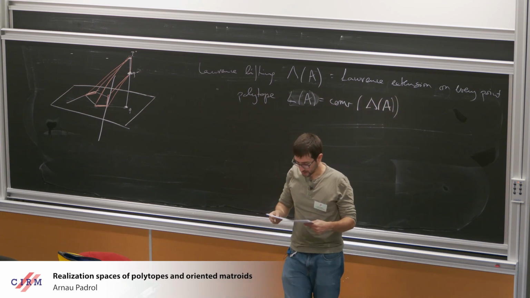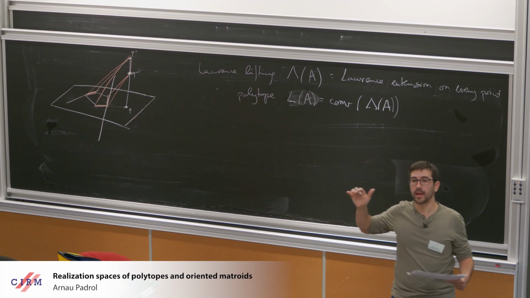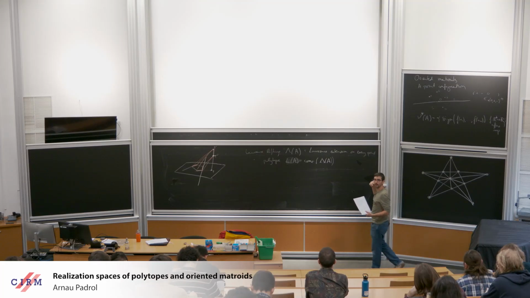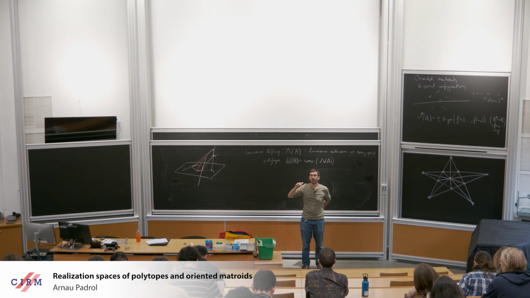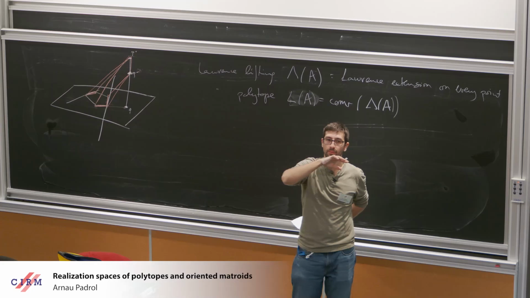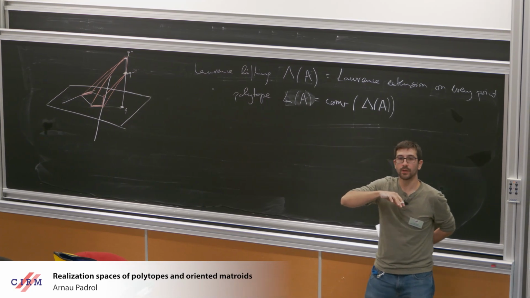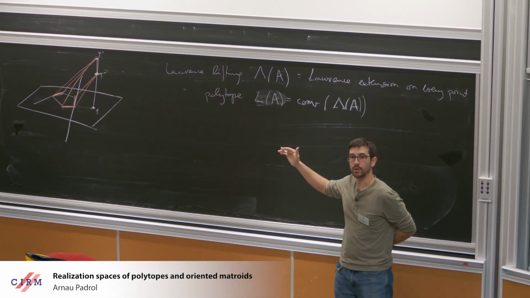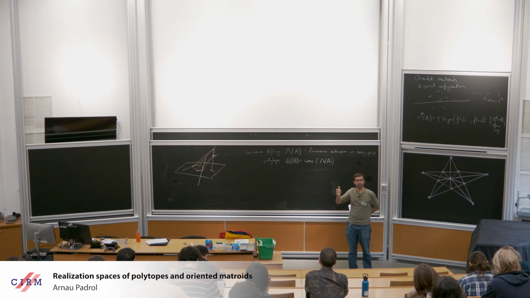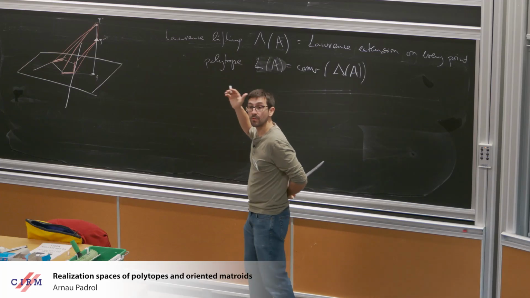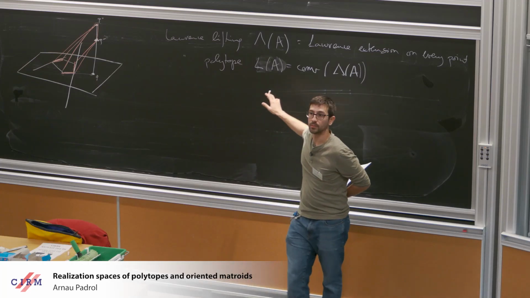Okay. I mean, this is of course very technical, but the important part is that this technique allows you to transfer properties of the oriented matroid onto properties of the polytope. So everything you knew about lines and sides of hyperplanes and collinearities, now this is encoded somewhere in the face lattice of this polytope.